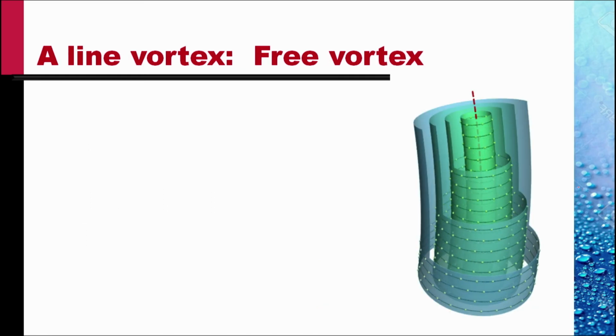Let's next do what is called a line vortex or a free vortex. We have seen earlier that free vortex is the name given to a swirling flow in which there is no rotation of the fluid element.